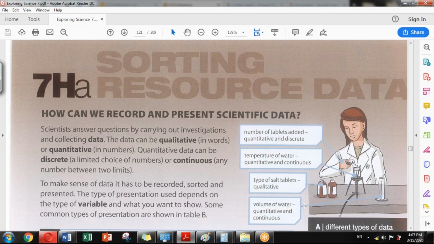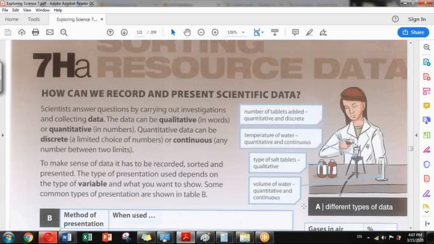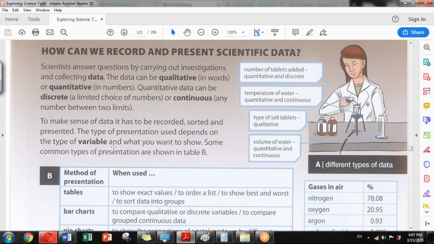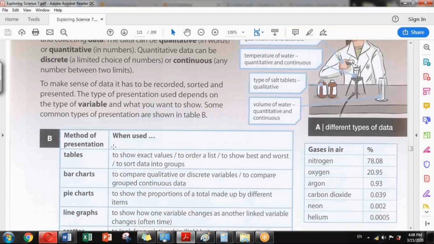So to make sense of data, it has to be recorded, sorted, and presented, because you have to give information about your hypothesis, about your theory, to the audience, other scientists. In this case, you should choose one type of presentation in which you can present your data.